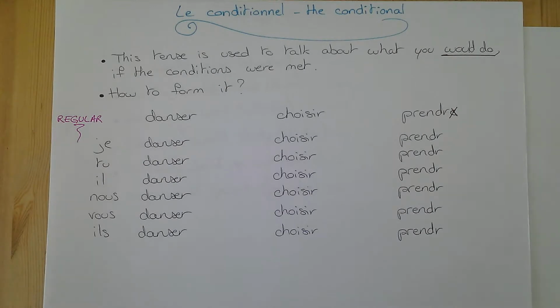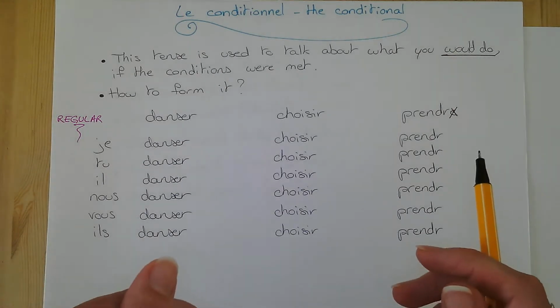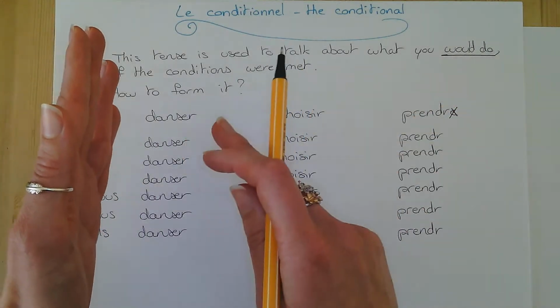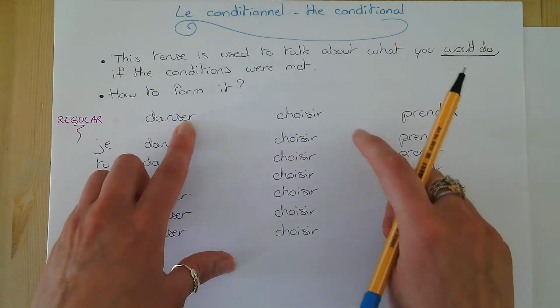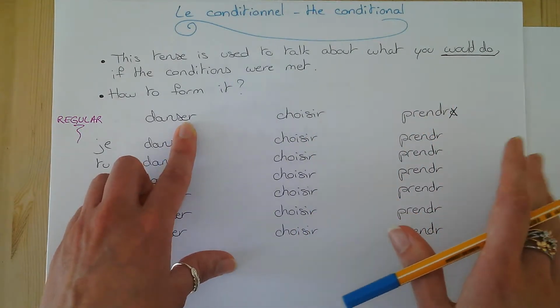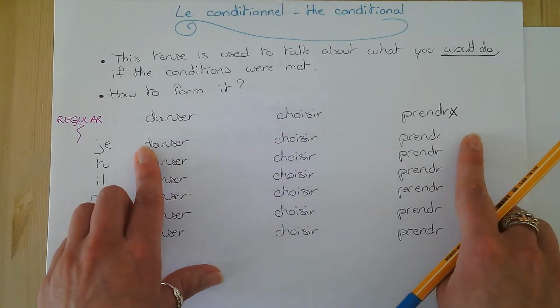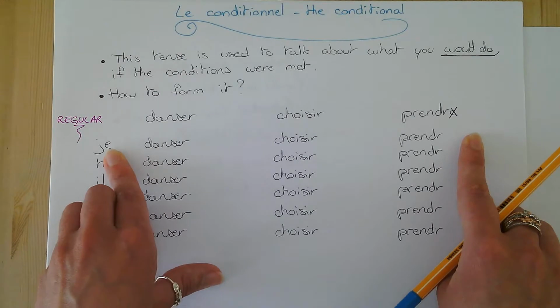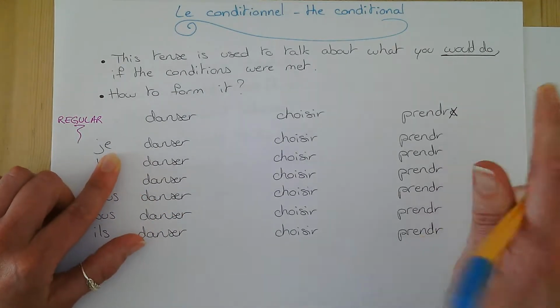All you need to add is the endings, and like for the simple future, there's one set of endings for all the verbs, so it doesn't matter if you have an ER, an IR, or an RE verb, the endings will be the same for each pronoun. So let's go with the I. I would dance.